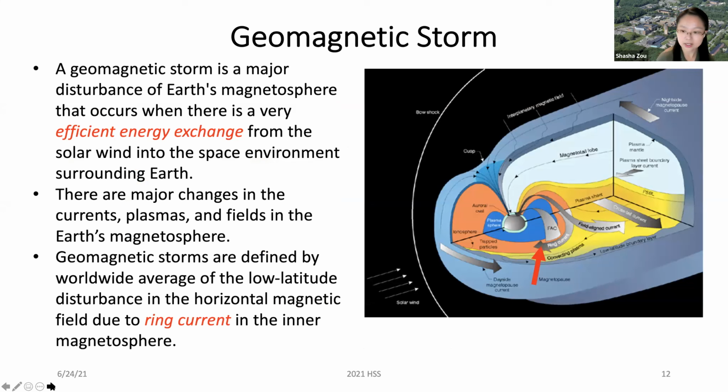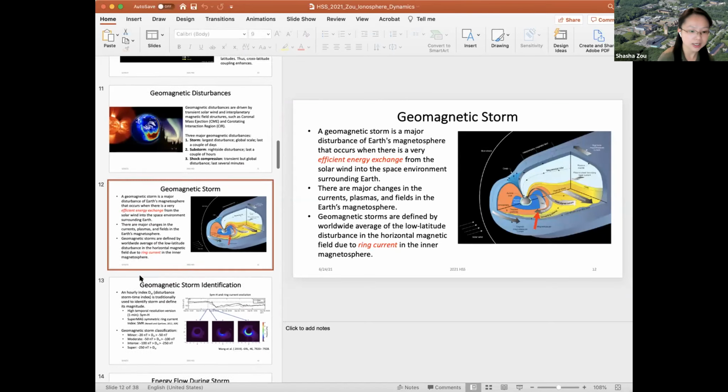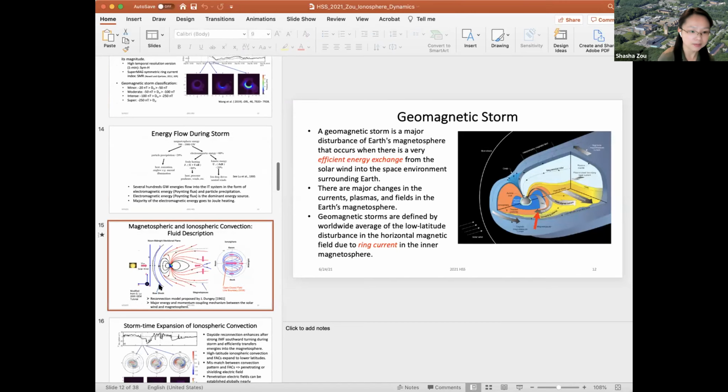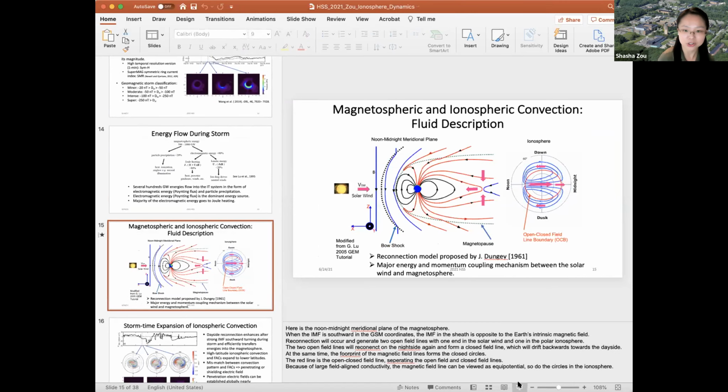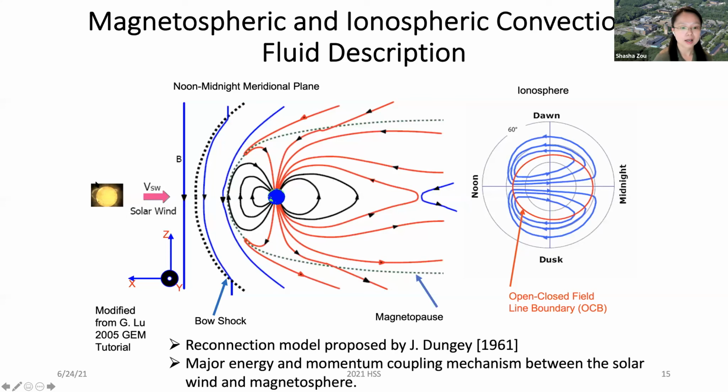So due to the very limited time, I would like to jump directly to what we call the magnetosphere-ionosphere convection process. Here it shows you the side view of the Earth's magnetosphere. At this time, the Earth's magnetic field is pointing northward. The reason I'm saying this is we do have those magnetic polarity flips, right? So now the magnetic field is pointing upward.